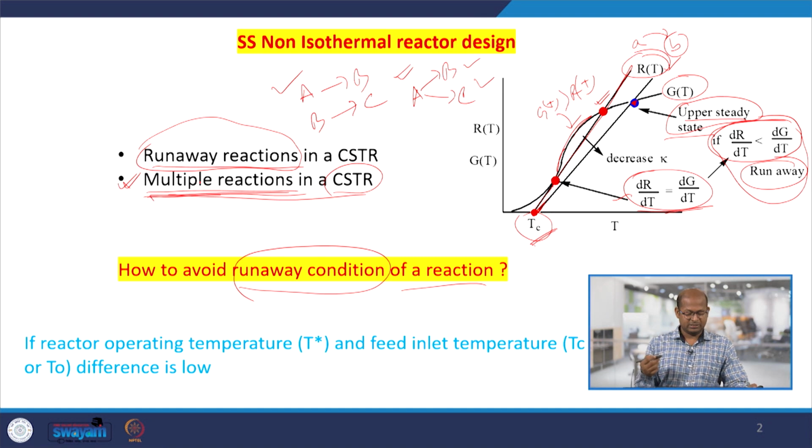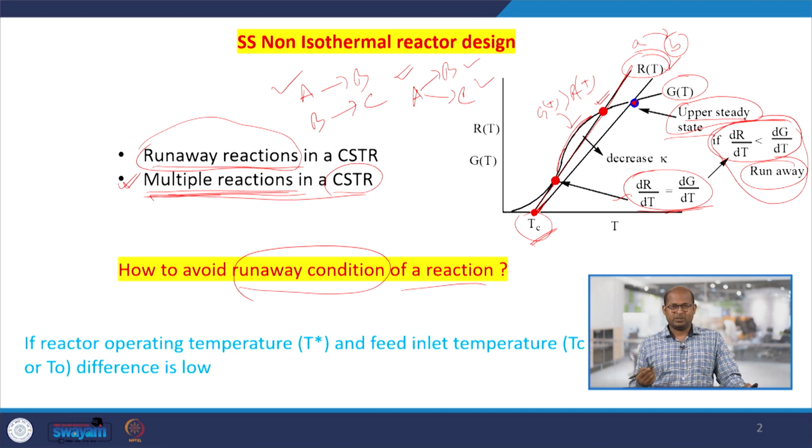So, how to avoid runaway conditions for a reaction operating at steady state? If we operate the reaction at a lower steady state, then with a slight increase in temperature, heat generation becomes more than heat removal, and the system will reach the upper steady state temperature. Sometimes the upper steady state temperature is not good for the reactions.